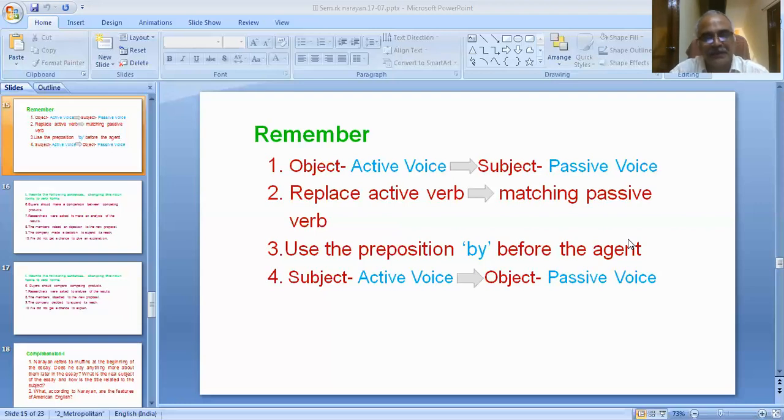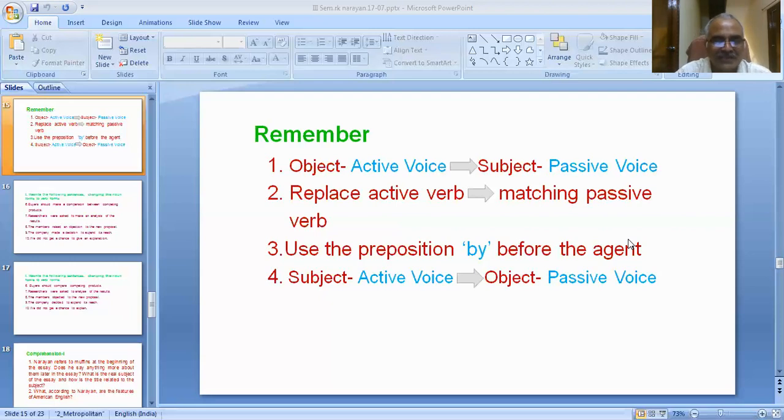Once again, I repeat: the subject of the active voice becomes the object of the passive voice, and the object of the active voice becomes the subject of the passive voice. And the second rule is that we have to be very careful when we are changing the form of the verb from active voice to passive voice. We have to change it to its appropriate, matching verb form in passive voice.